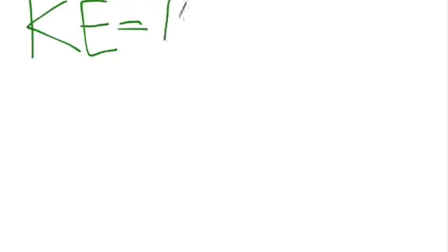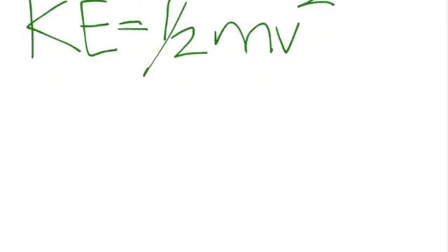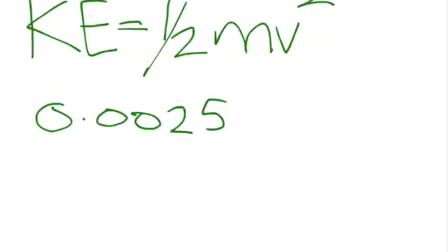So then we're going to take our 5.95 meters per second, and we're going to enter it into our equation to find maximum KE, which is 1/2 mv squared. So half of our mass, the marble's mass, is 0.0025.